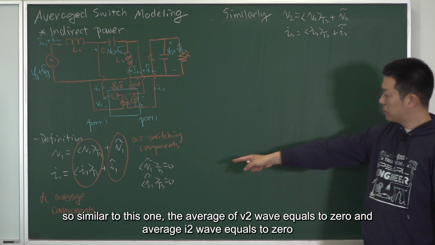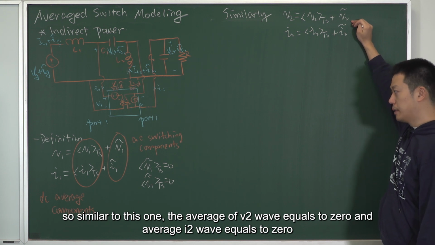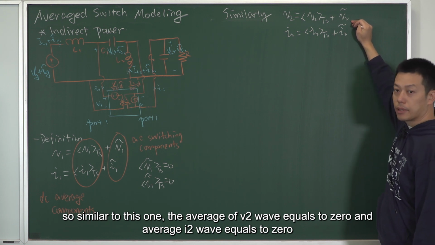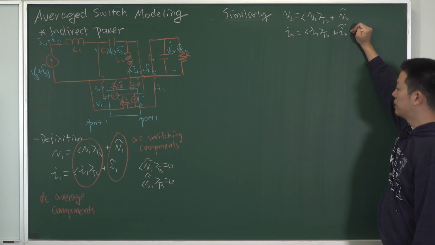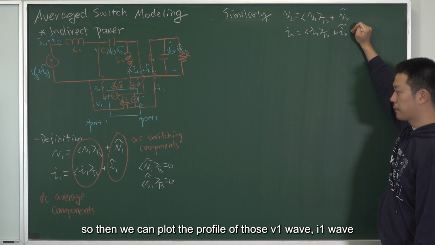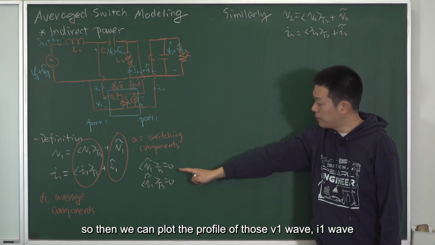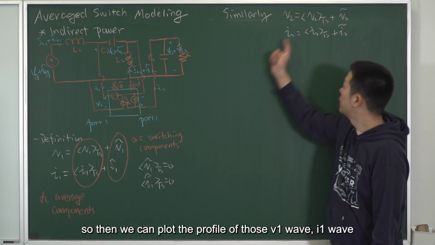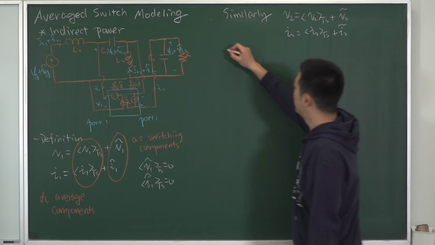So similar to this one, the average of V2 wave equals to 0, and the average I2 wave equals to 0. So then we can plot the profile of those V1 wave, I1 wave, V2 wave, and I2 wave correspondingly for SEPIC example.